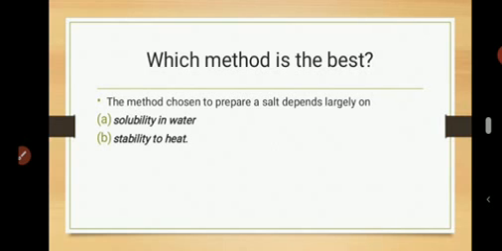Take note of that. Now the second factor is stability to heat, that is, whether when you heat them they will decompose or not. This factor actually can give information about how to recover the salt after you have prepared it, because most of these salts are soluble, so they will remain dissolved inside the solution.